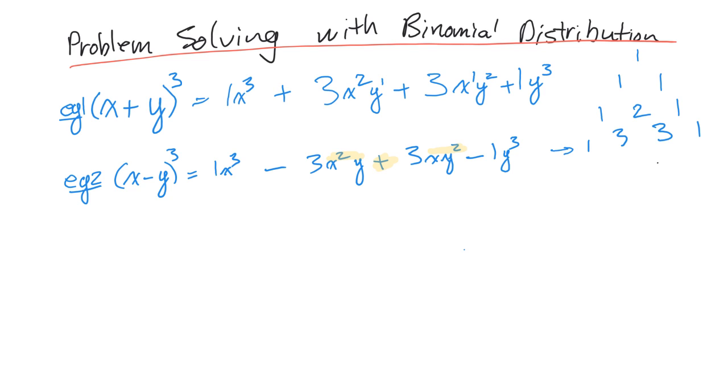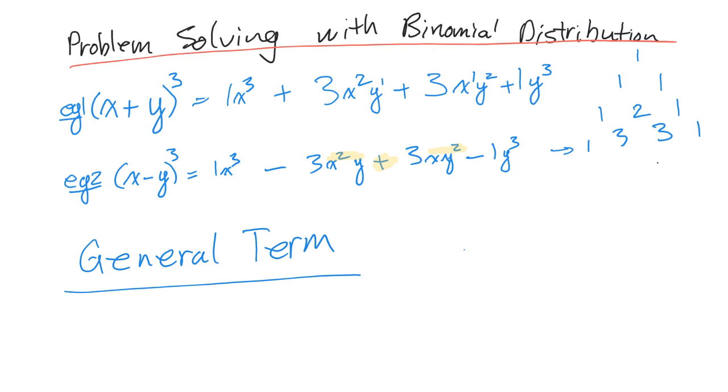Now let's go on to the basic general term for the expansion of this. This is what we call the general term of any expansion, okay? For x plus y to the exponent of n. Basically, the general term, I'll call it G. You might call it Q or whatever you want.